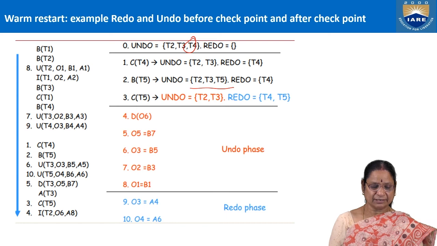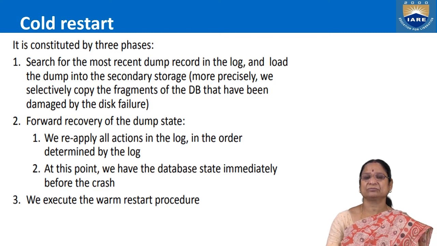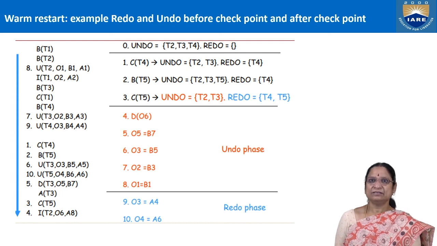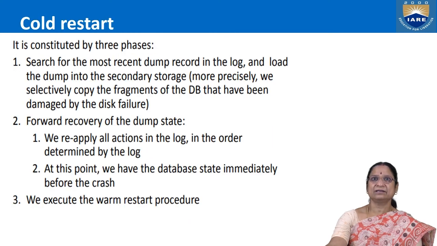And you can observe that we are deleting object 6. Based upon these undo transactions T2, T3, object 5, object 3, object 2, object 1 are going to have their respective old values. And based upon these redo operations, T4 and T5, object 3, object 4 are going to be updated with the new values. So this is related to our warm restart.